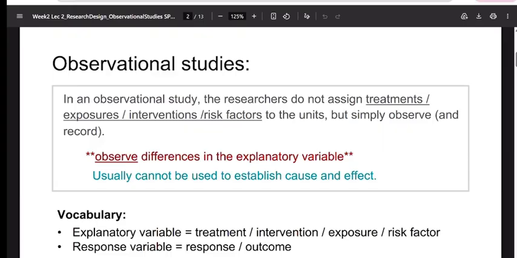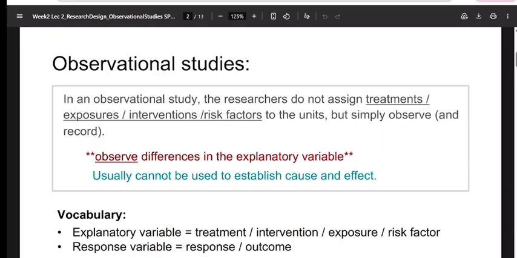Okay. But there are situations that I'm going to identify today that may make it impossible for us to go by way of experiments. So that is why we need to go for observational study.